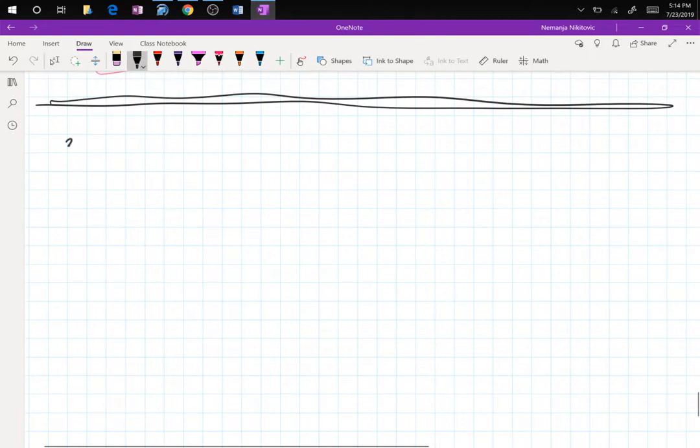This is a nice problem, I think, I hope. Integral of tangent x secant cubed x dx. So try this one on your own, you know the basic step.